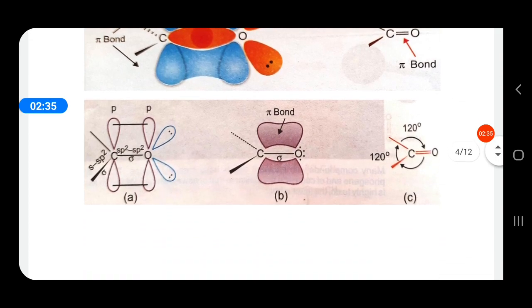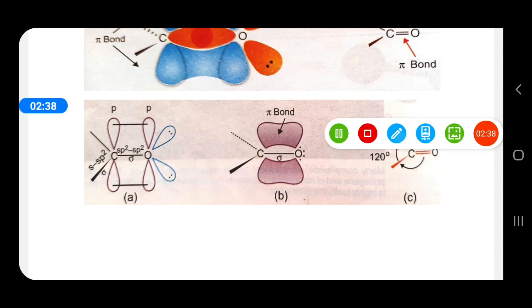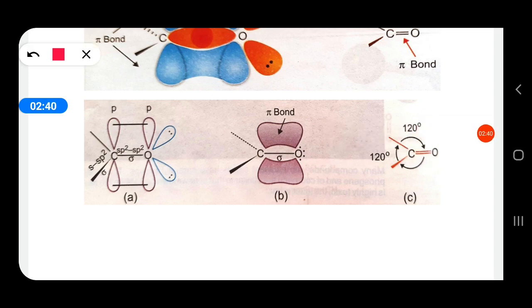So we can see that a sigma bond is formed between carbon and oxygen by overlapping of sp2 orbitals, and carbon forms another two sigma bonds with the other groups. Those other groups may be the s orbital of hydrogen or the p orbital of carbon. The sp2 orbitals of oxygen are non-bonded because they already bear the lone pairs of electrons.